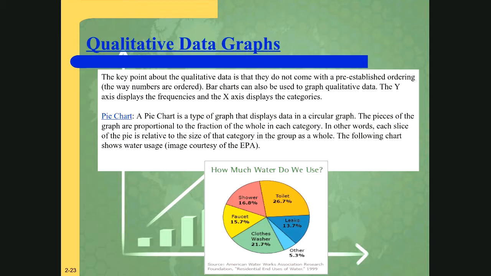You know there's something wrong if you go over that number. In other words, each slice of the pie is relative to the size of the category in the group as a whole. The chart on the screen shows American water usage, according to the EPA, the Environmental Protection Agency, based on what people said they use water for.